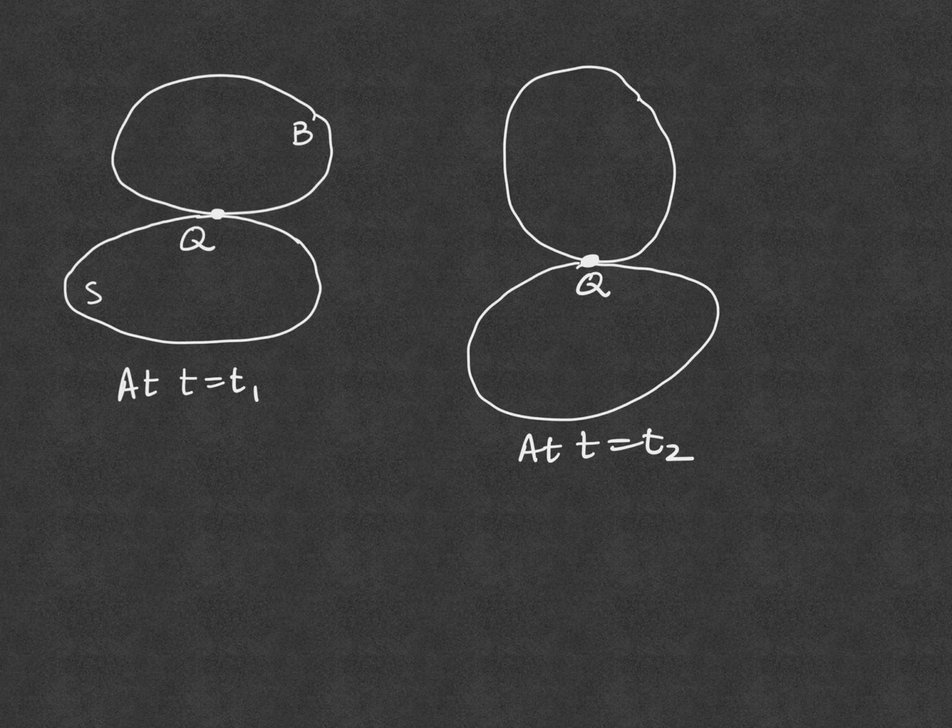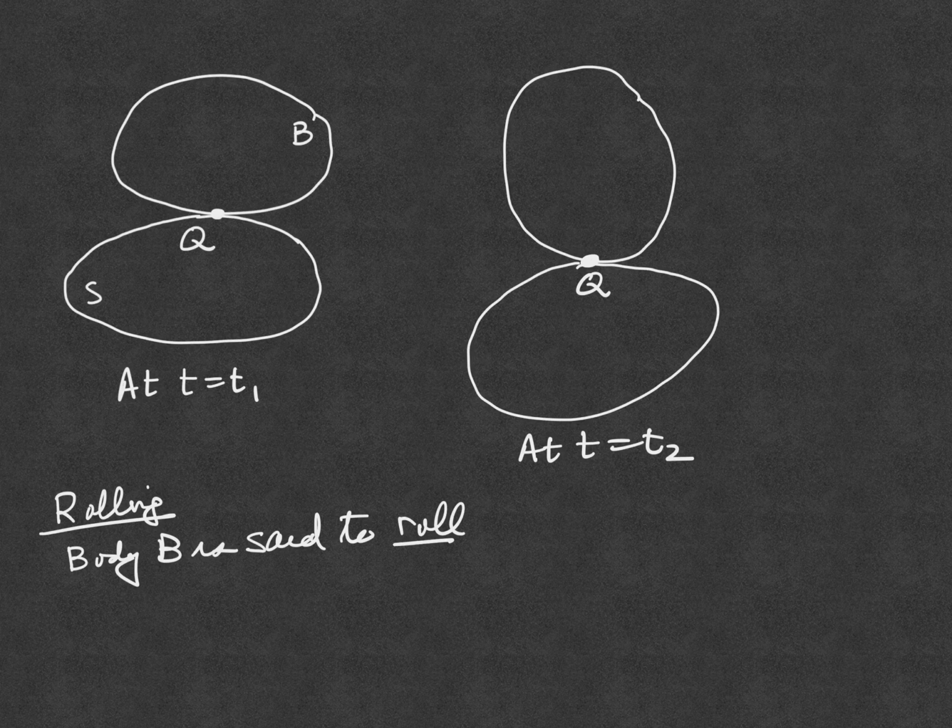So now, given that we've defined the instantaneous point of contact in this manner, we define two constructs, which are rolling and sliding. So the first thing is rolling. So we say body B is said to roll on body S instantaneously. Now this is really important. It's instantaneously, if the following condition is met.